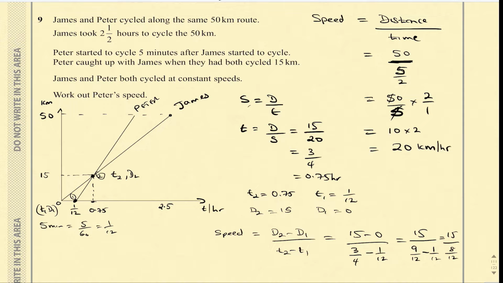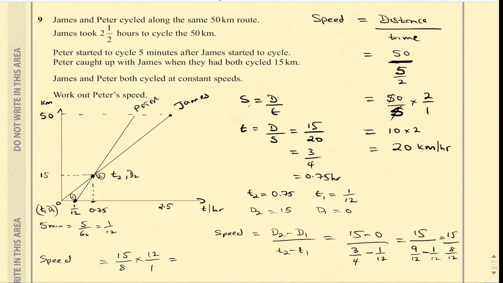Again, I need to flip the division. So I'm going to get 15 over 8 times 12/1 for the speed.